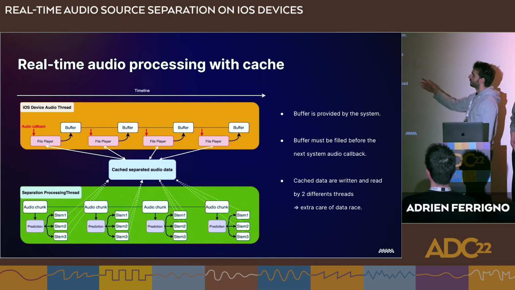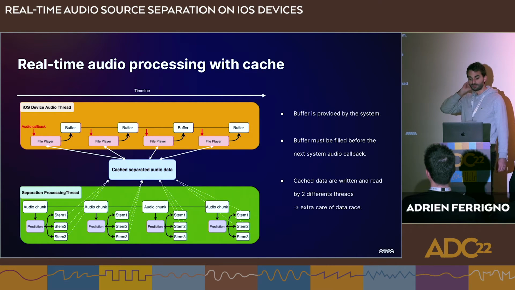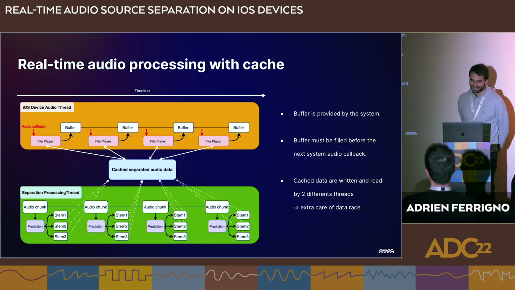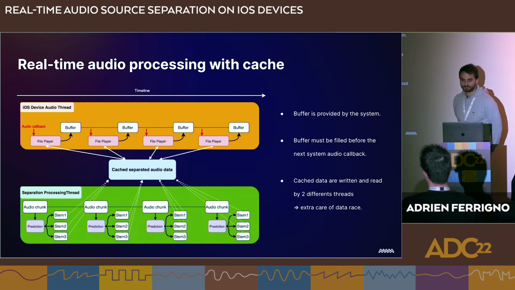Of course, with this kind of thread-shared object, extra care must be taken because it is shared between two threads. I'm not going to explain it in detail, but Timur Dumler will explain it much better than me. Basically, the separation thread should be fast enough to provide the separated data to the audio thread.